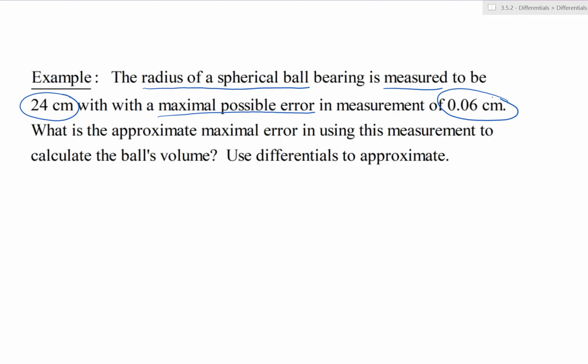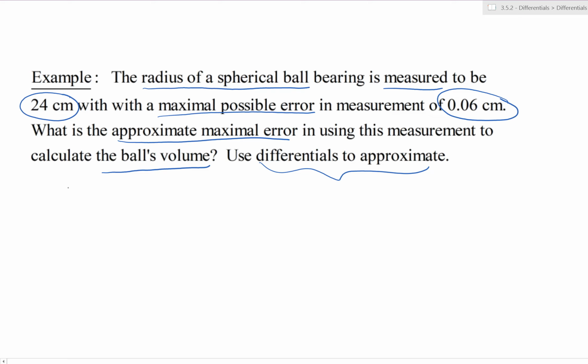The question is, what is the approximate maximal error in using the measurement to calculate the ball's volume? And again, we're going to practice by using differentials to approximate this amount of error.